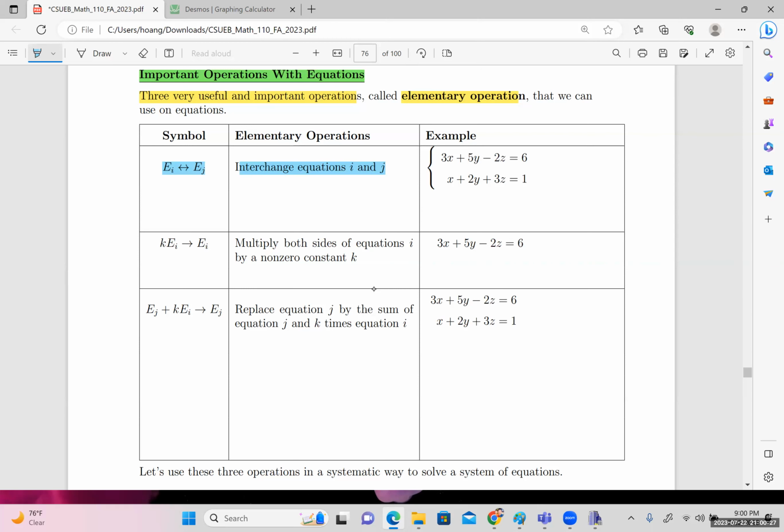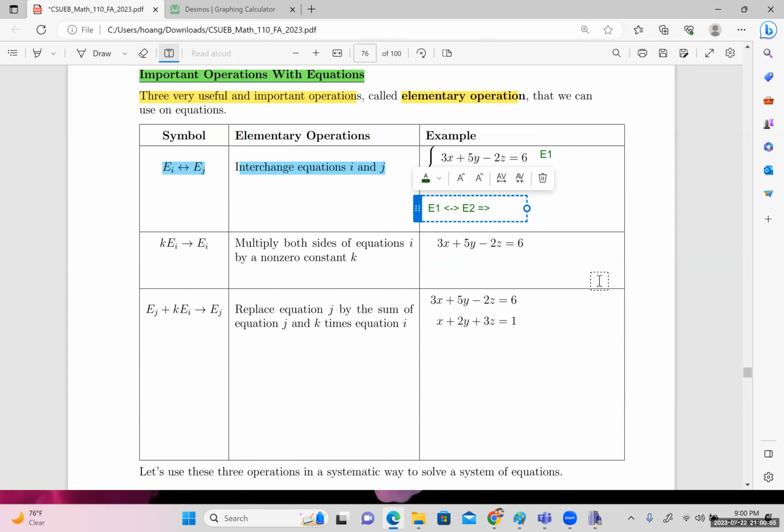And for example, if I have equation 1 here and equation 2 here, we're going to interchange equation 1 with equation 2.